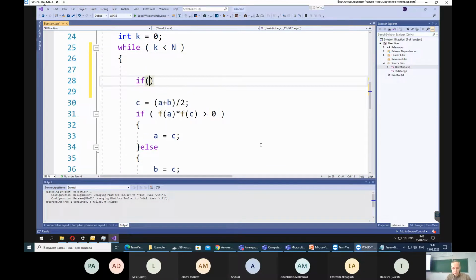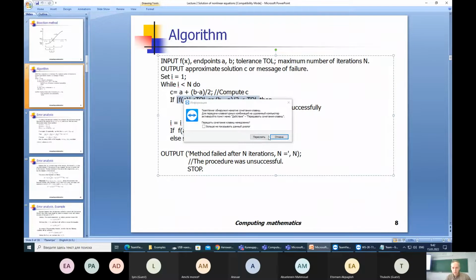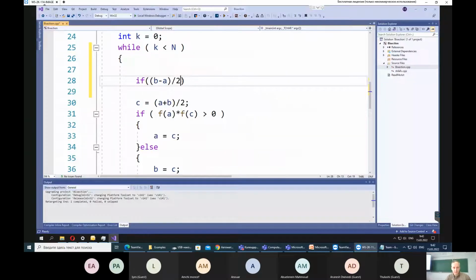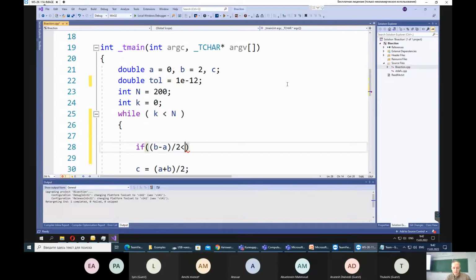If b minus a over 2 is smaller than tolerance, right? Smaller than tolerance. Okay, it's enough to write just one condition. Then break.